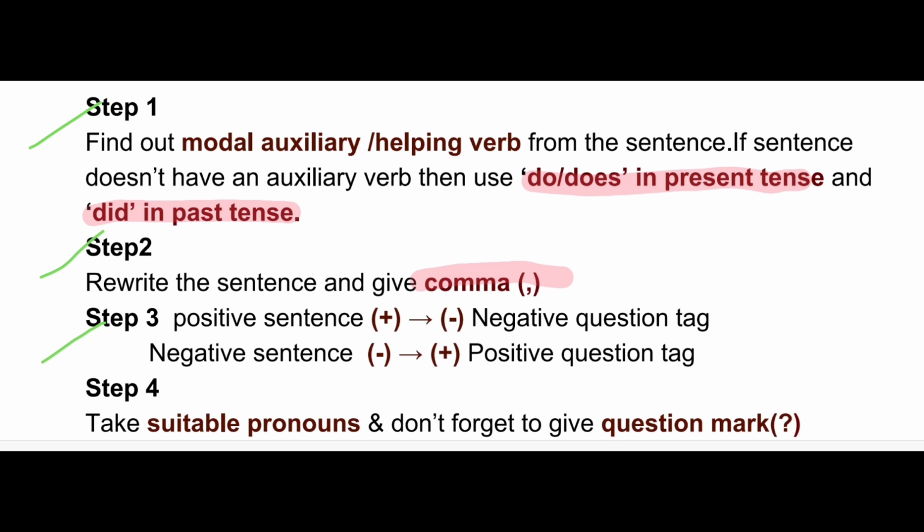It's going on vice versa, positive to negative and negative to positive. And our fourth step, we have to take suitable pronouns and don't forget to give your question mark.